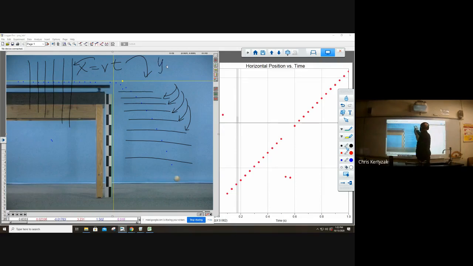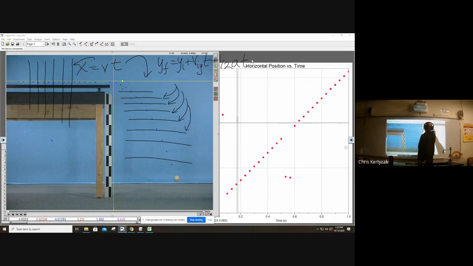We would write the same formula, y final equals y initial plus v initial y times t plus 1/2 at squared. It's the position formula just with y's, because the symbol y stands for vertical position, while the symbol x stands for horizontal position.